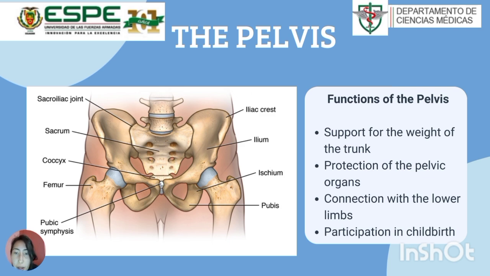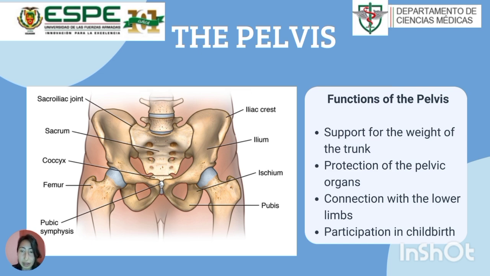Lastly, the pelvis plays a significant role in connecting the lower limbs and the trunk, providing a base for movement and stability. Moreover, in females, the pelvis is especially adapted to participate in childbirth, allowing the passage of the baby through the birth canal.